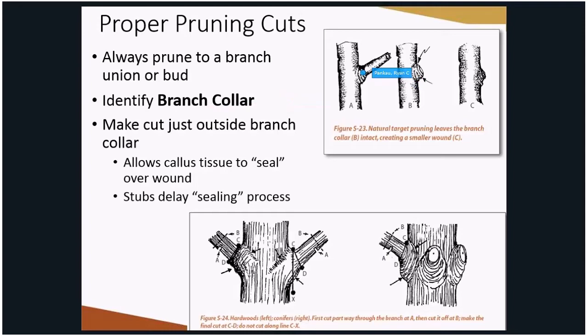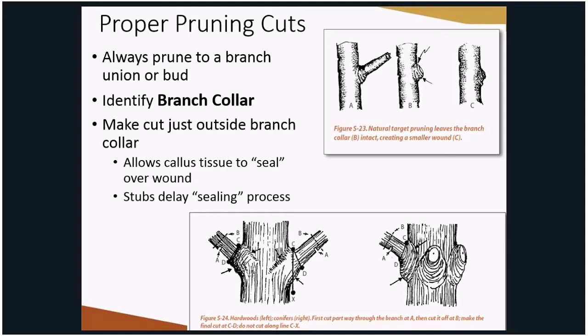So the branch collar is this area of growth right here. On some limbs you can see it really well, like in this picture. On some limbs you can't see it all that well, and I kind of describe it as some rumply looking bark right there, but it's an area of interwoven fibers between the branch tissue and the trunk tissue that interweave and lock right there and provide some of the stability that that branch needs to stay on the tree and to not bend or break under all the pressure of the weight on its tips from leaves and other things.